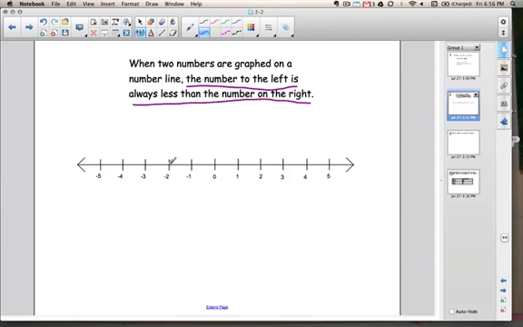So for example, if I had the numbers -2 graphed on a number line and 1 graphed on the number line, -2 is less than, or it's smaller than 1. Okay, so remember the number to the left is always going to be the one that's less than or smaller than the number on the right.